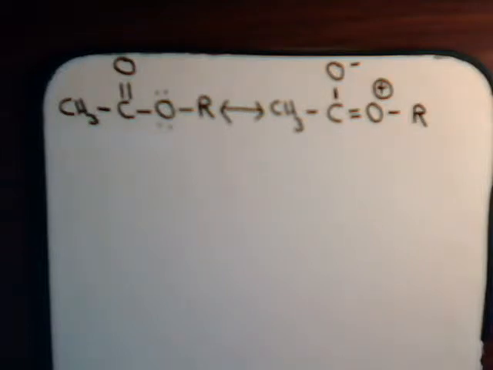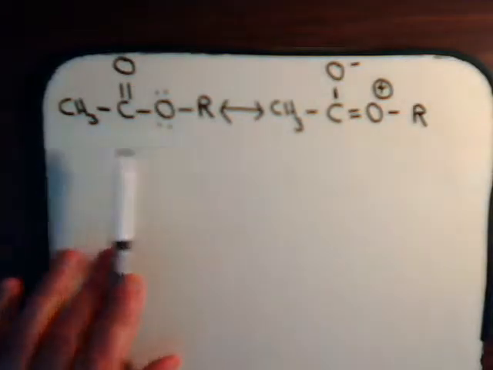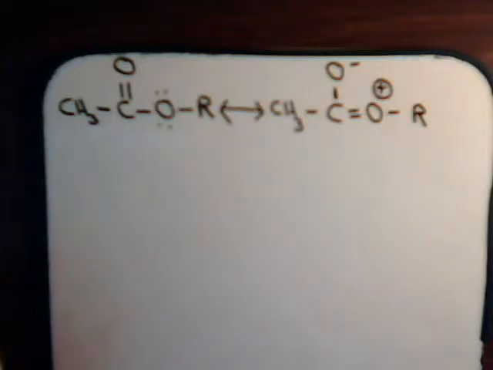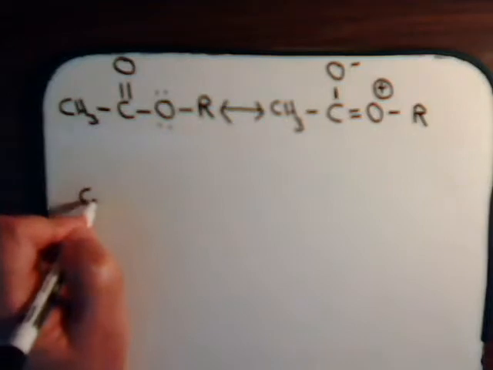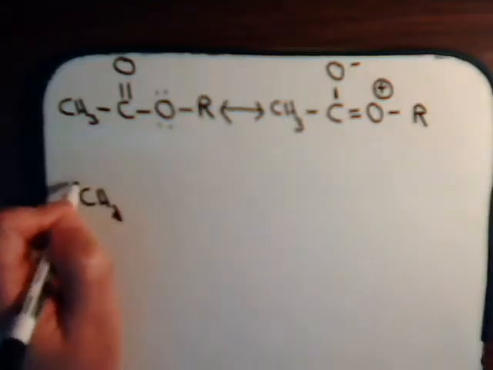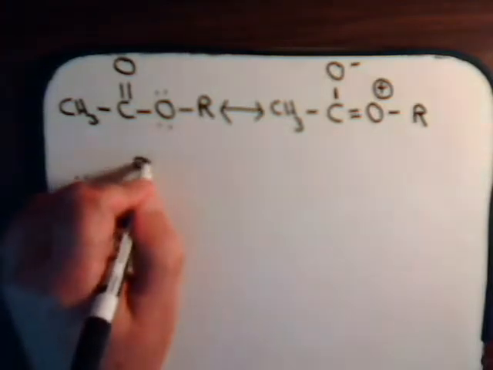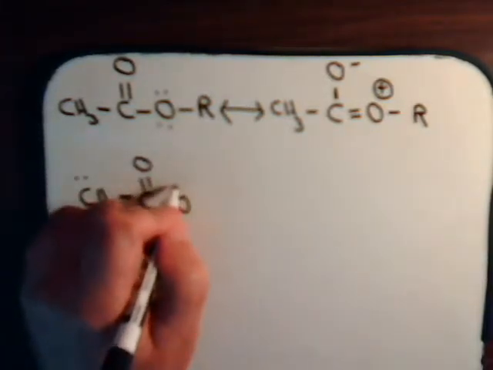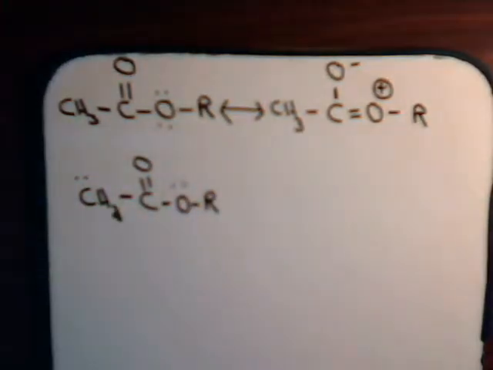Something else that is possible to happen, not very likely, but it can happen in small amounts, is for this carbon to lose a proton, so that the ester is very, very mildly acidic. And when this loses a proton, we have this structure.